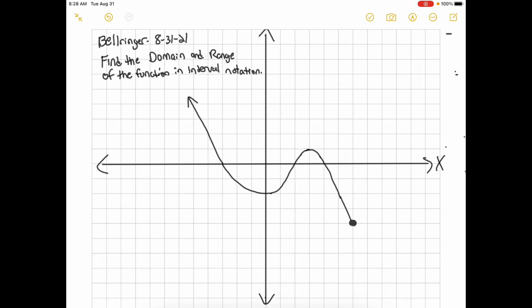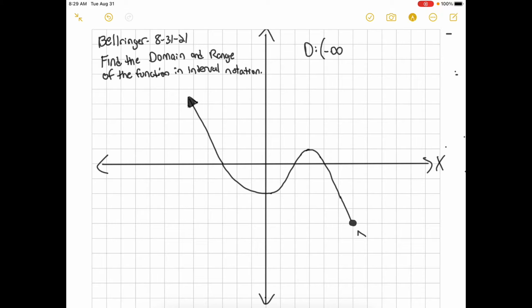And so if you'll notice this arrow right here, that is going to keep going all the way to the left. It's going to go to negative infinity. So if we're coming from the left, we're actually starting at negative infinity. And if we keep going to the right, we will eventually stop at an x value.